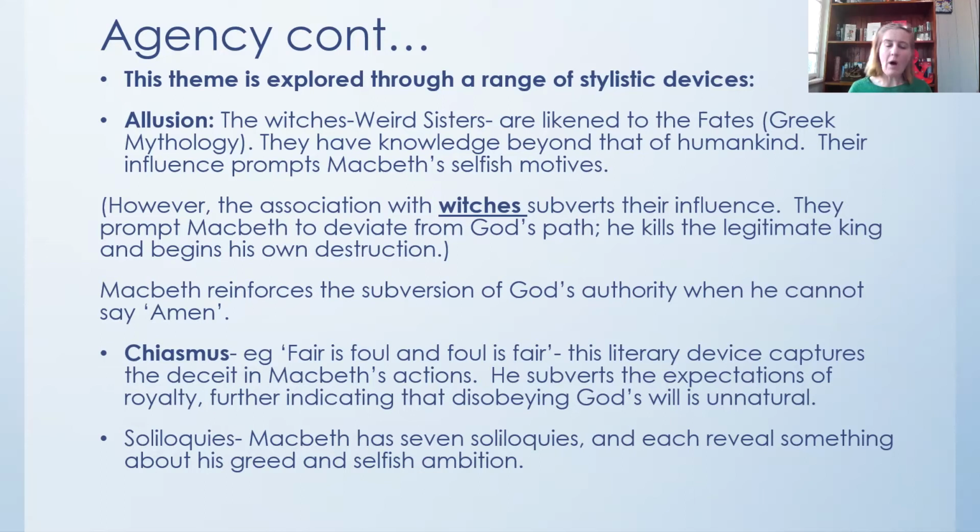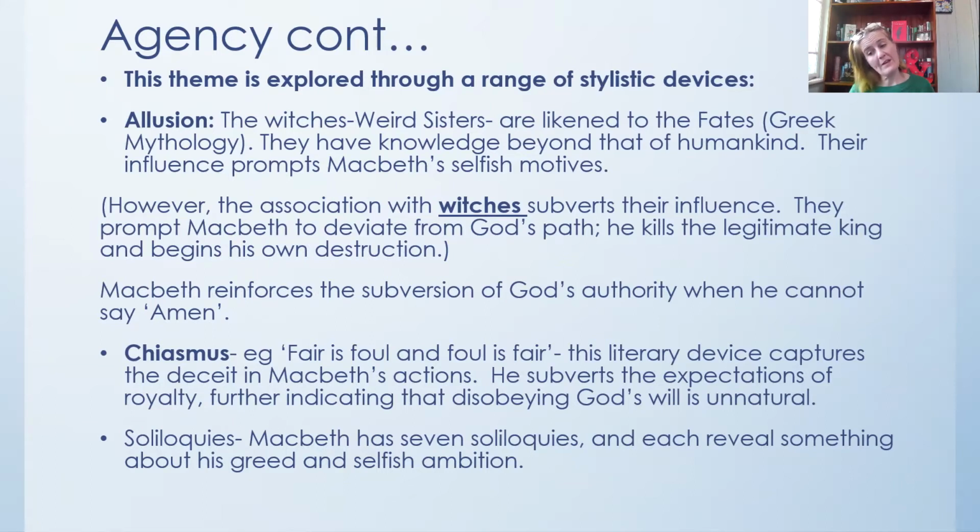Now, while a Shakespearean audience would certainly have understood a reference to Greek mythology, they're not necessarily handing their lives over to false gods, because remember, Christianity would have suggested that the Roman and Greek gods were false idols. You're not handing your life over to the Greek gods. You have to trust in God's plan as a Christian member of a Christian audience.